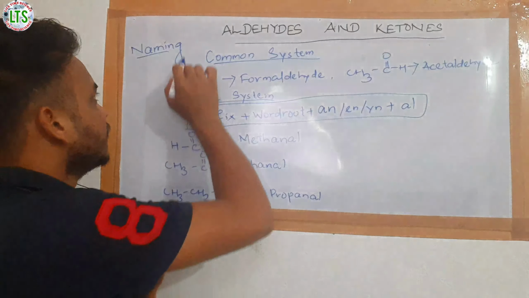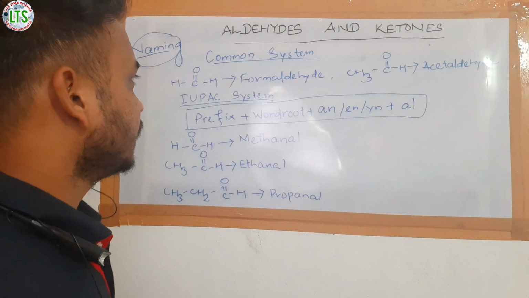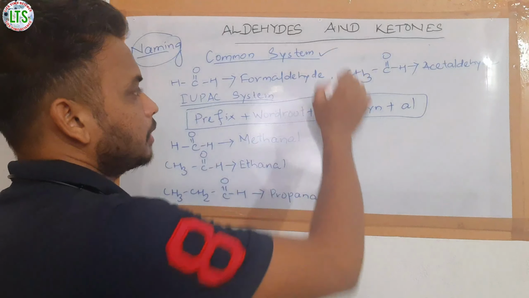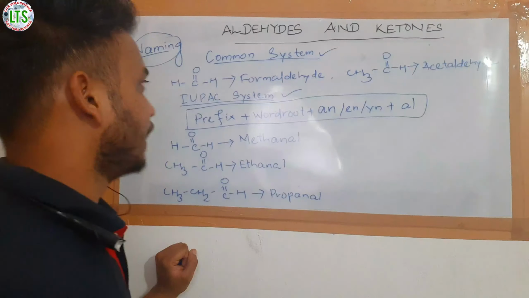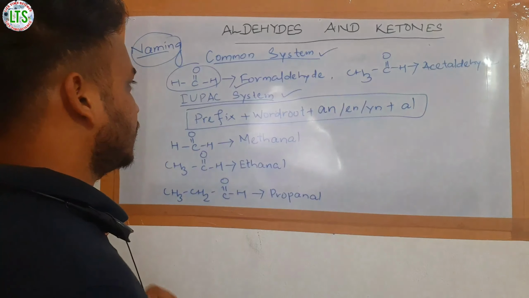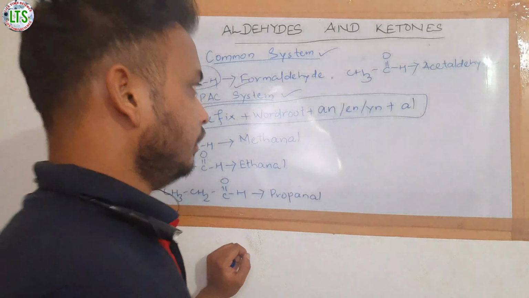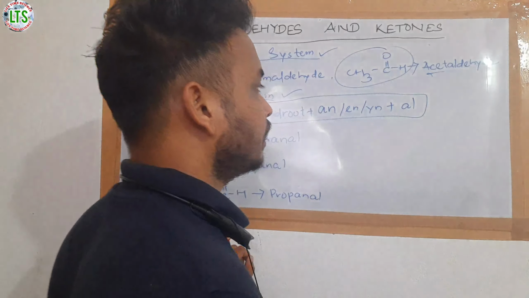These are some examples of ketones and aldehydes. Next is the naming of aldehydes and ketones. There are two types of naming. One is the common system of naming, and the second is the IUPAC system of naming. In the common system, the name of HCHO is formaldehyde. The name of CH3CHO is acetaldehyde.